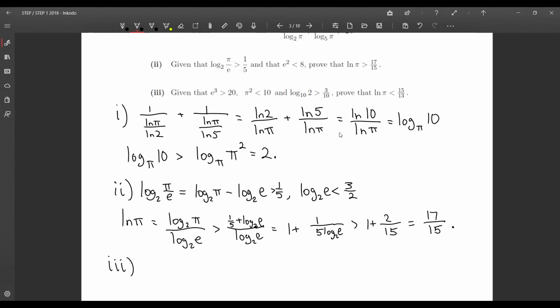Alright, given that e cubed is greater than 20, pi squared is less than 10 again, and log base 10 of 2 is greater than... Okay, this is interesting. So we're sort of creating an estimate for the natural log of pi.